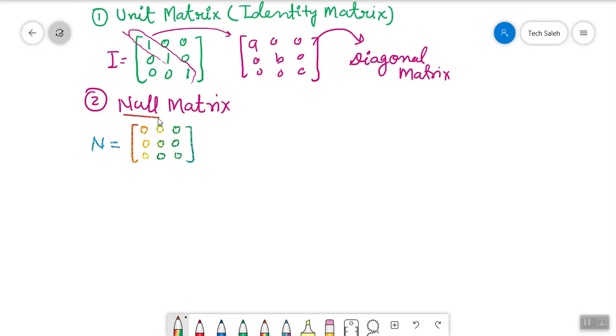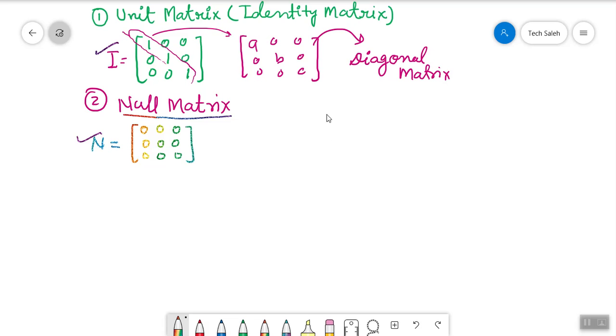The characteristic of the null matrix is that if you add the null matrix with any matrix, it is going to give you the same result. There will be no change. We'll be using these two matrices, so we have to remember this: the null matrix and the identity matrix.